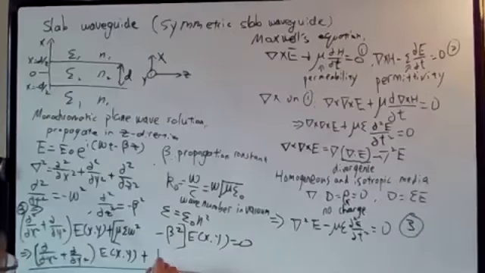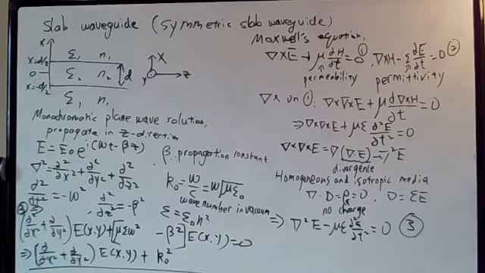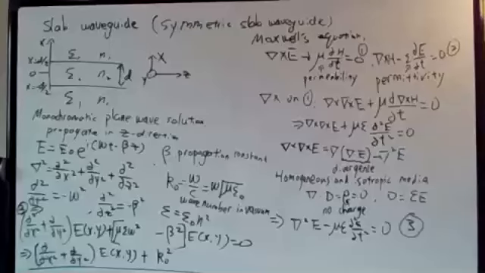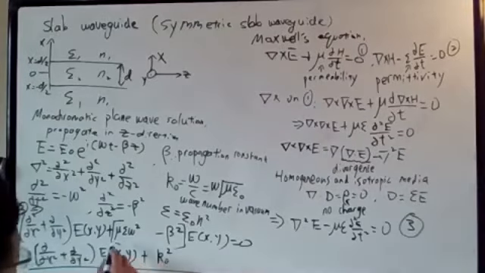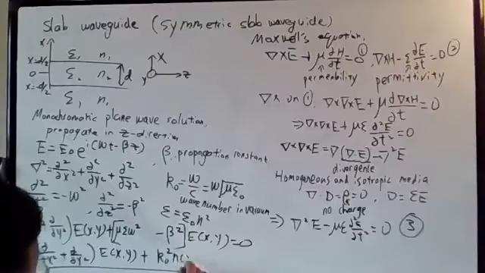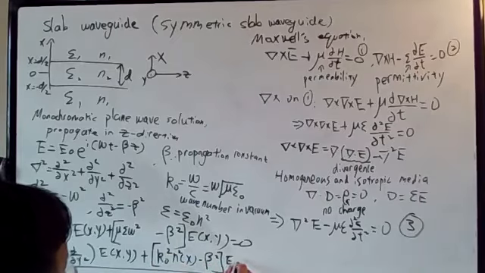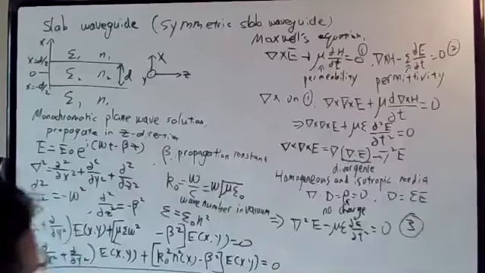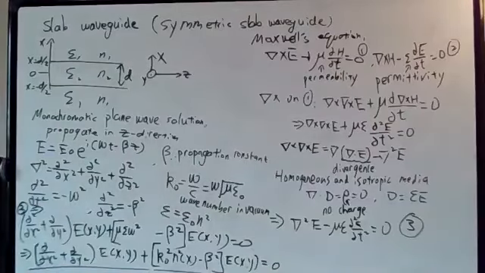So plus k naught square, and k naught square is omega square mu epsilon naught, and then we have n x square, right? Minus beta square, E of x, y equals 0.